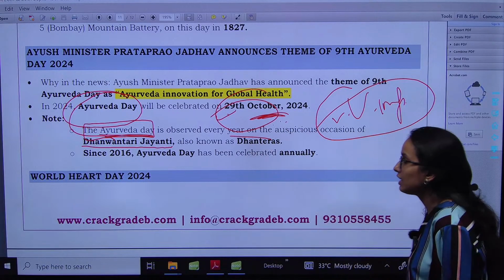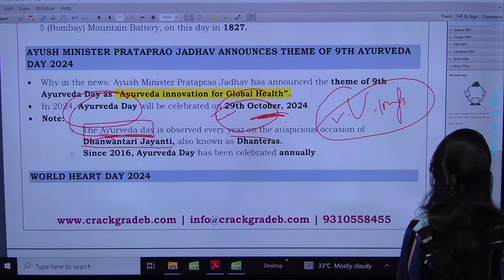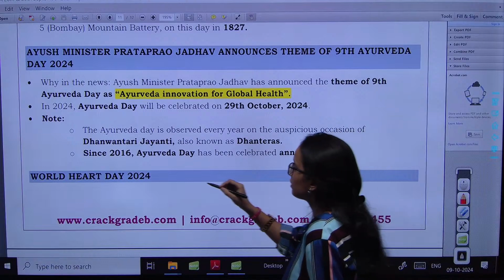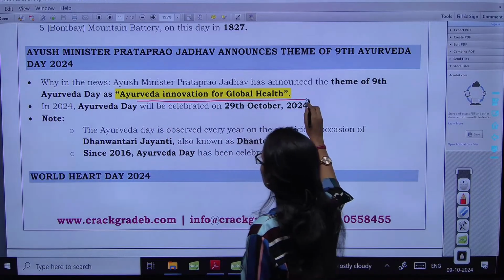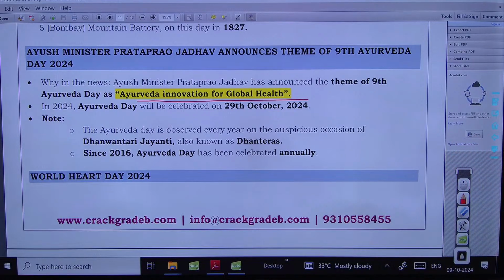So on that day, Ayurveda Day is celebrated. And remember what will be the theme? Please remember the theme: Ayurveda innovation for global health. And since 2016, it is being celebrated annually.